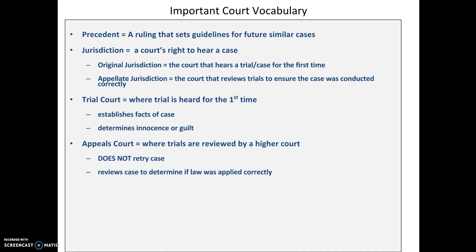Think about Plessy versus Ferguson, which established a precedent that essentially said segregation was okay. This is the decision that allowed Jim Crow laws and segregation to happen in the United States for most of the early 20th century. And that was only changed by establishing another precedent, another decision by another court in Brown versus Board of Education.